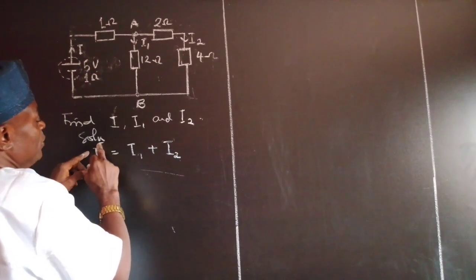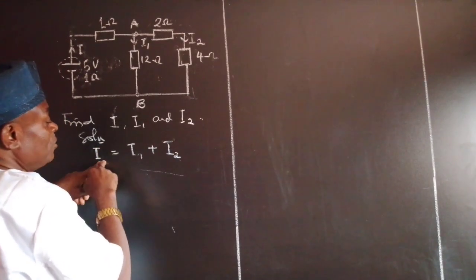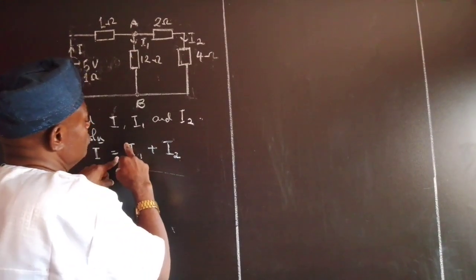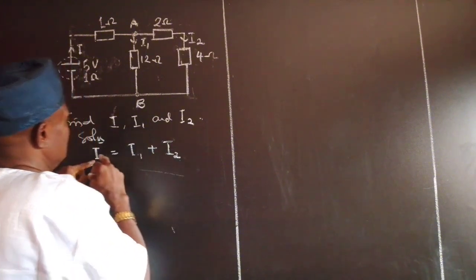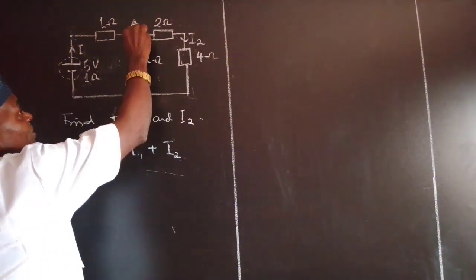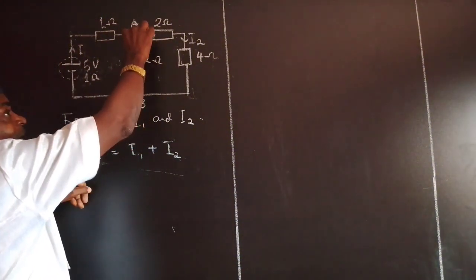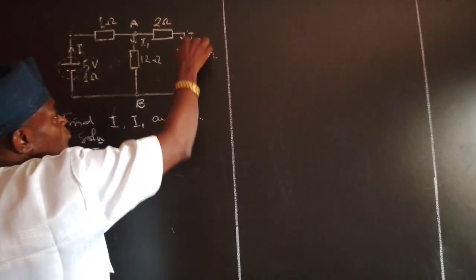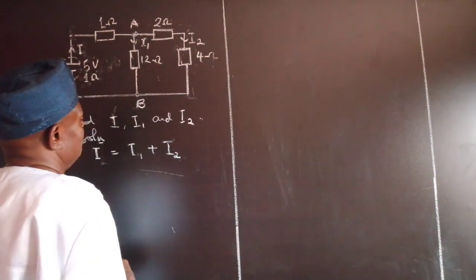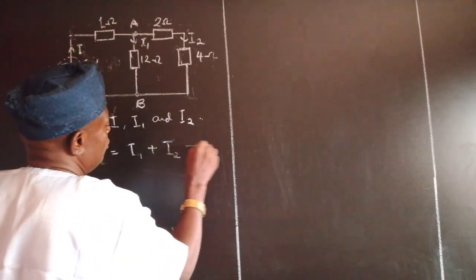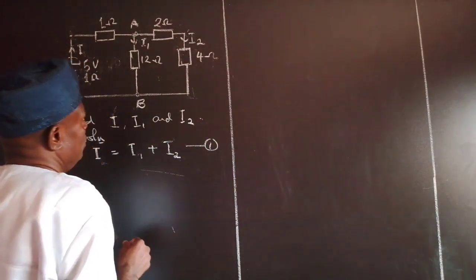So it will be correct to say that the current I is equal to I1 plus I2, because the current I is entering this junction, and the currents I1 and I2 are leaving the junction. So this could be called our first equation.